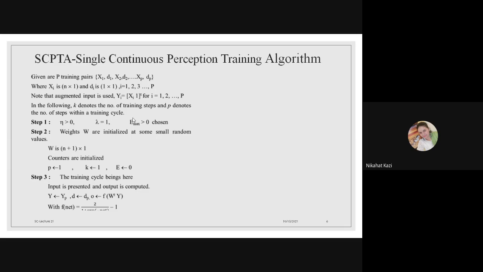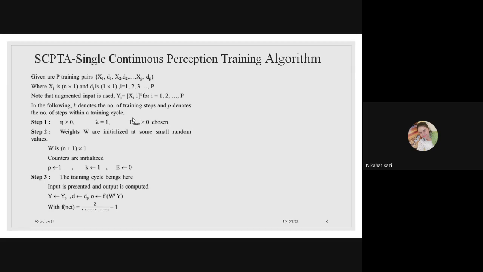But since this is a continuous neuron, you will never get the value as 0. It will be a value close to 0, and that will be a threshold that you have to decide. So based on the error value, as close to 0 as possible, 10 raised to -3, 10 raised to -4, 10 raised to -5, that is the range of the error you look at, depending on what kind of accuracy you want.